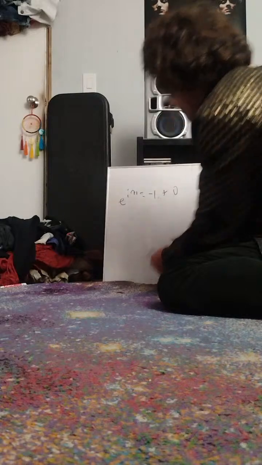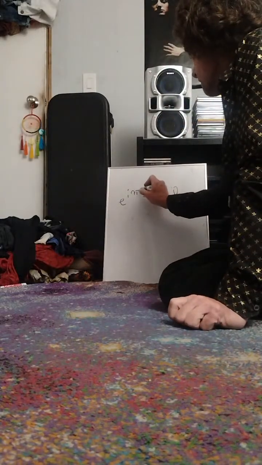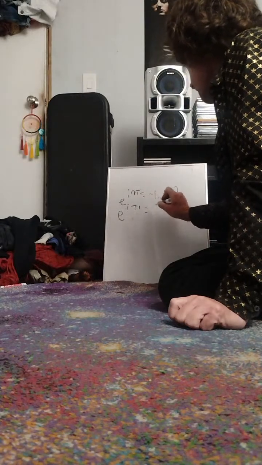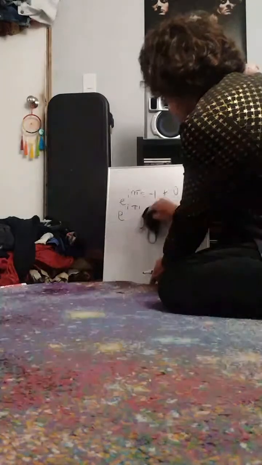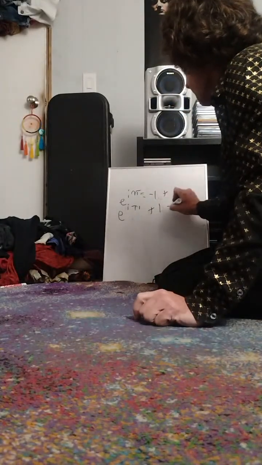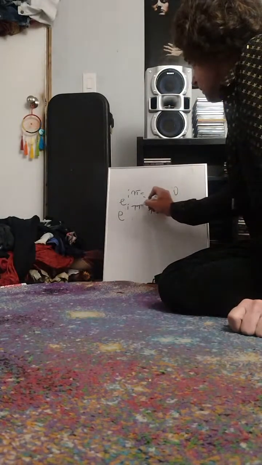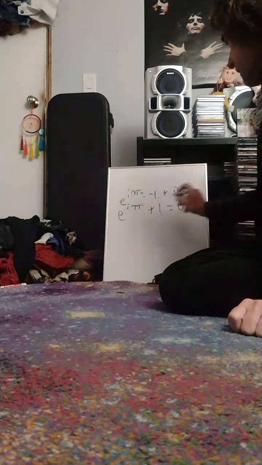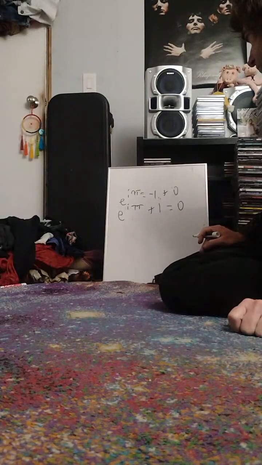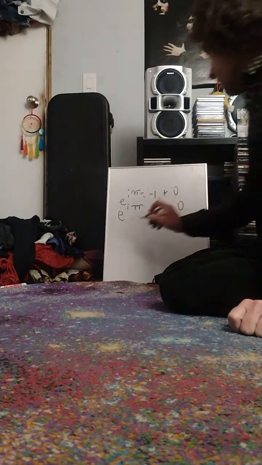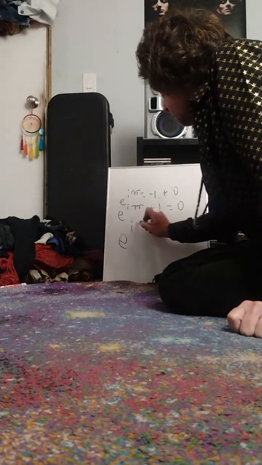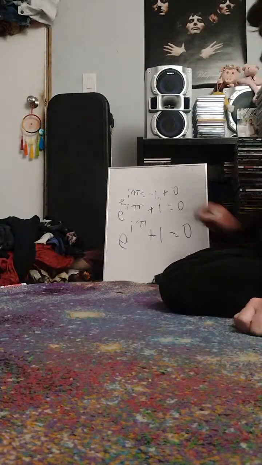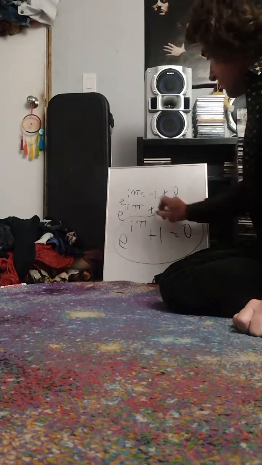If this is true, that means that e to the I pi equals -1, so e to the I pi plus 1 equals 0, because I just added 1 to both sides. And that's called Euler's identity. E to the I pi plus 1 equals 0. That is Euler's identity. It's brilliant in math.